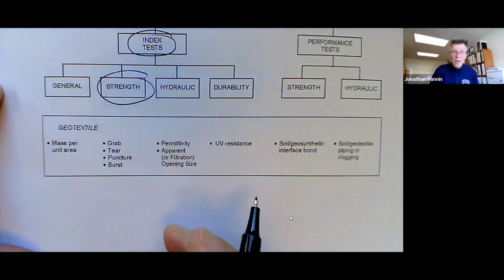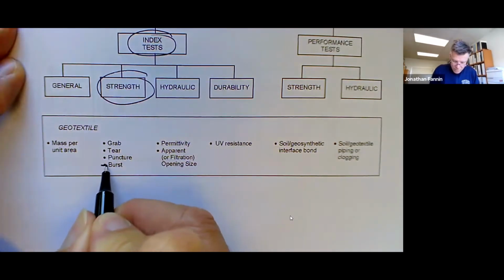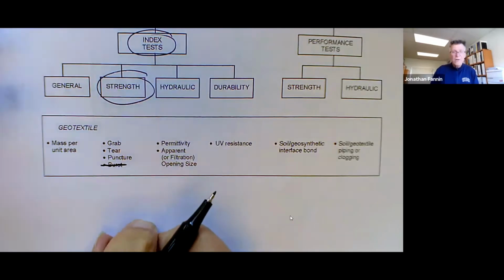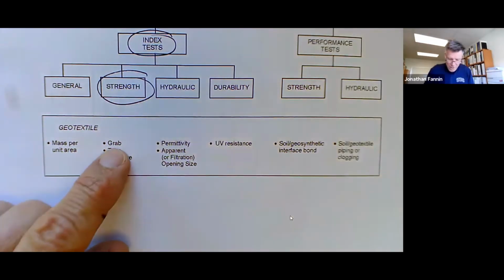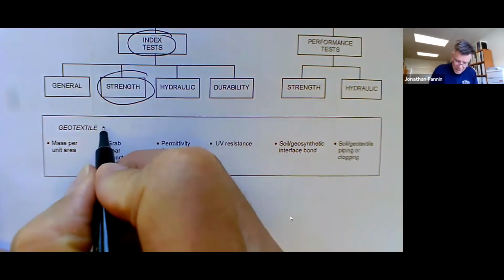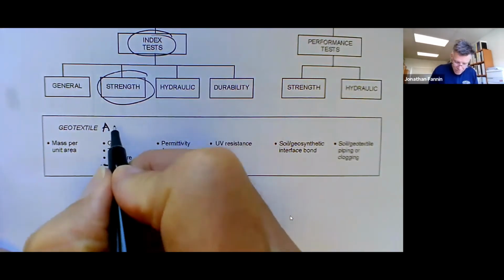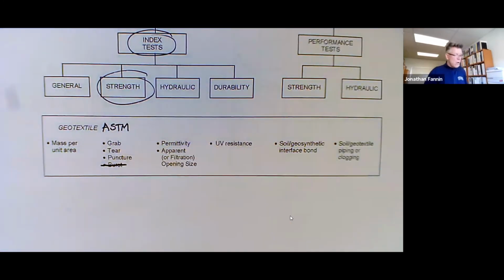for strength. And some years ago, there were 4, but the burst strength turned out to be rather unreliable. It was kind of grandparented in from previous work. And we now look at grab, tear, and puncture strength. And over time, the nature of the ASTM index tests for puncture have been changed and improved upon.